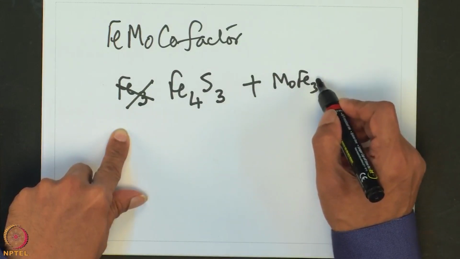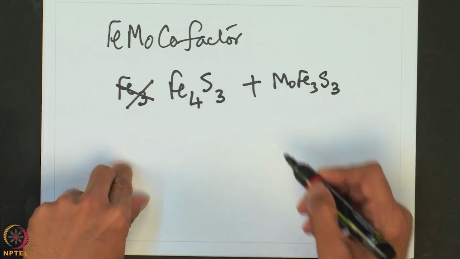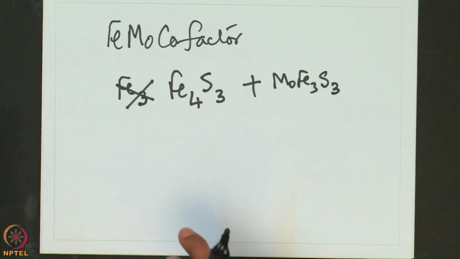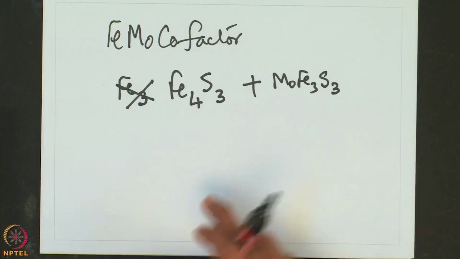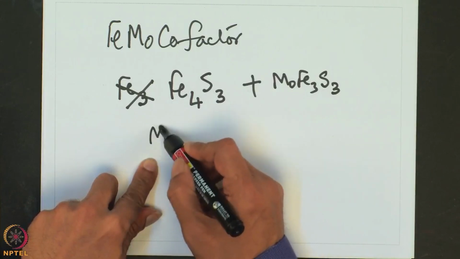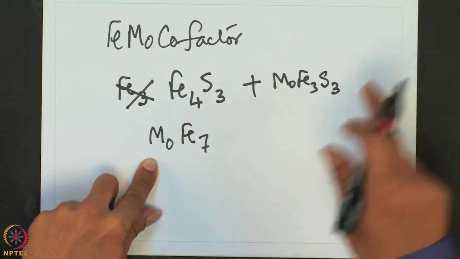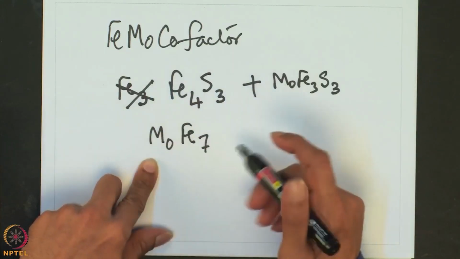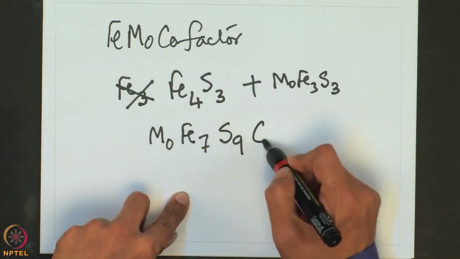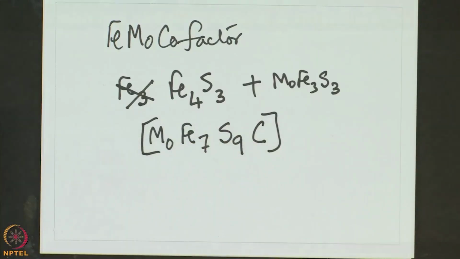And these two are connected together through a bridge, with 3 sulfide groups there. So, you have Mo Fe7 S6 plus 3 bridge sulfides, that will be S9. And there is some other species which is probably a carbon center. So, this is the molybdenum cofactor.